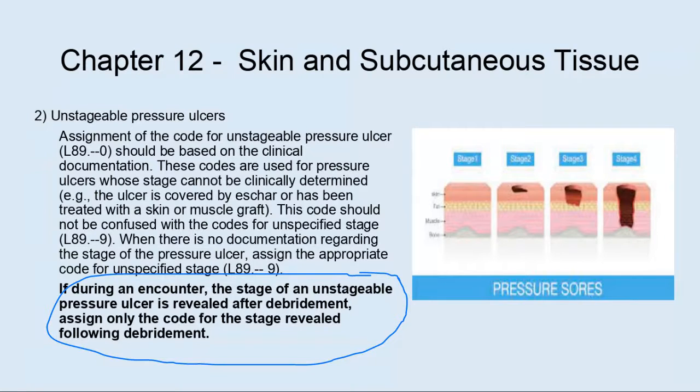So if there's a graft, or if there's scabbing over the pressure ulcer and it's debrided, and after the debridement they can tell that it's stage 2, stage 3, whatever, you will report the stage, you'll no longer use the unspecified. So it could change from an original code for unspecified, from unstageable, and then in the next encounter after debridement have a specific stage.